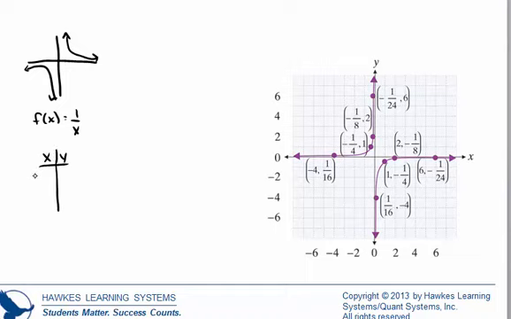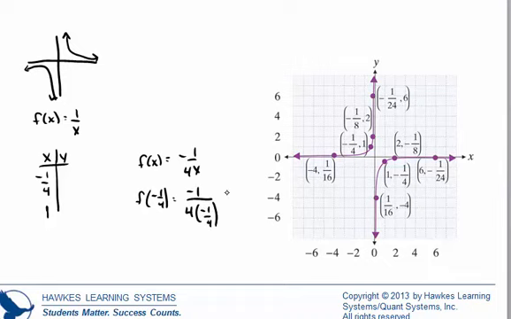You might want to try, and I am trying to think of points that might be easy to work with, -1/4 and +1. And so we would go to our original function, which was -1 over 4x, and we would plug these values in. So if I plug in a -1/4, now this looks messy, but it will end up being pretty easy to work with. We're going to have -1 over 4 times -1/4.